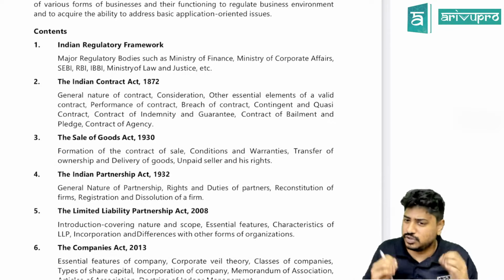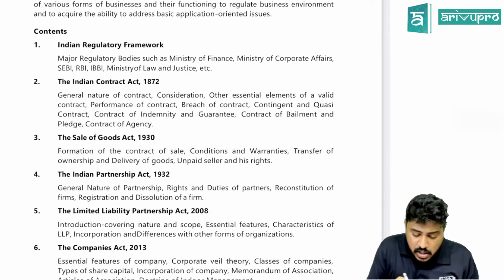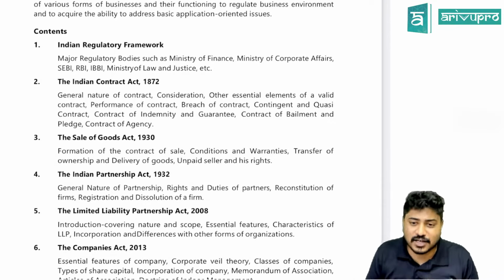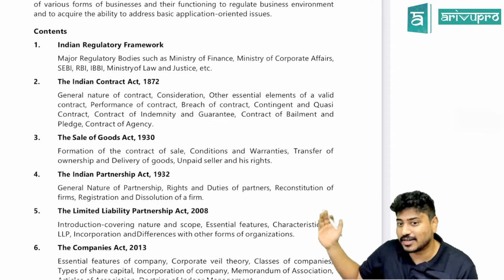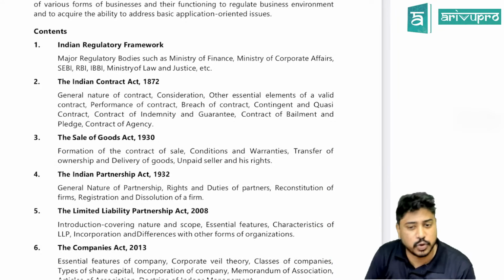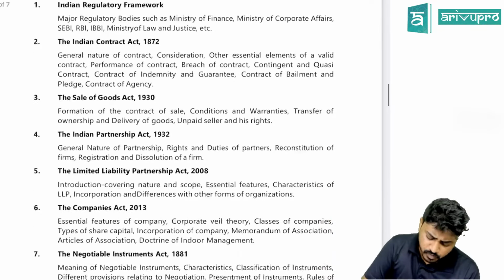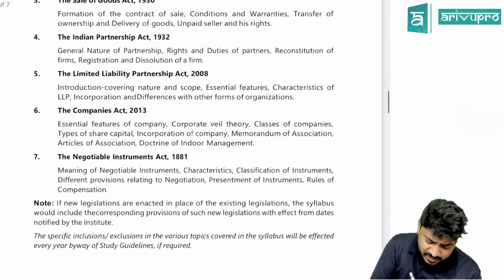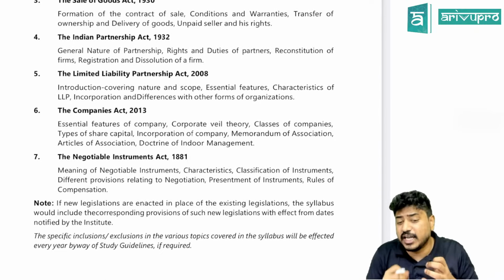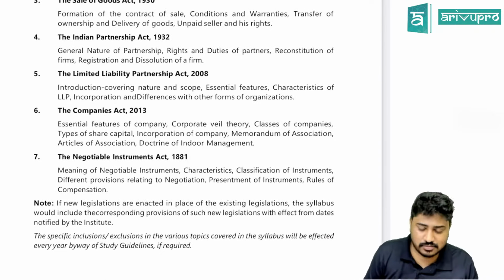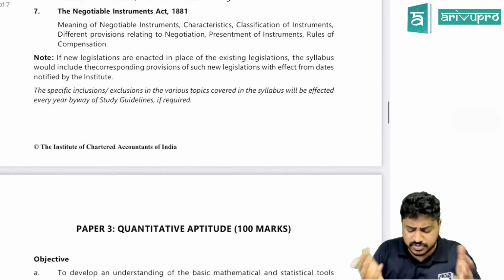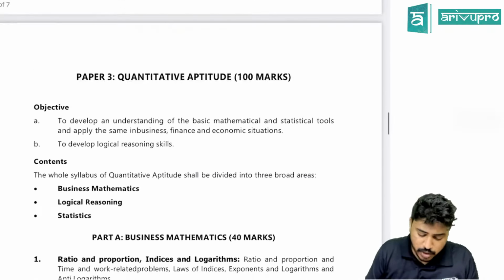They have added a new chapter starting with the Indian Contract Act. They have taken it from Inter, where it was under Other Laws, and put it here. Other things remain constant. Chapter 7, Negotiable Instruments Act, is brought from CA Inter to here. Those are some changes for law.